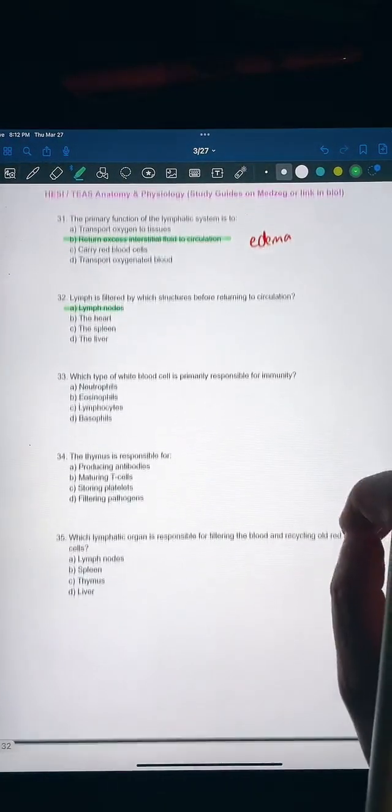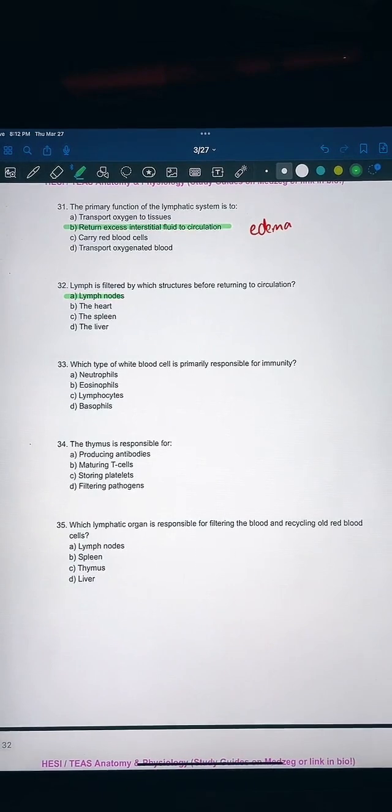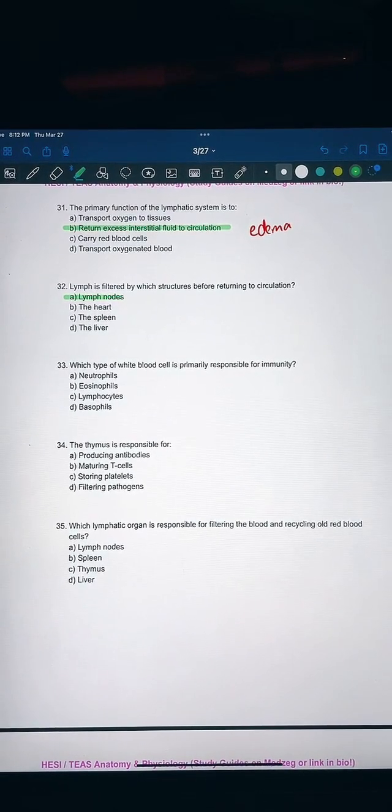Answer choice A, lymph node. 33, what type of blood cell is primarily responsible for immunity? Think of immunity. We can cover all these different answers here too.